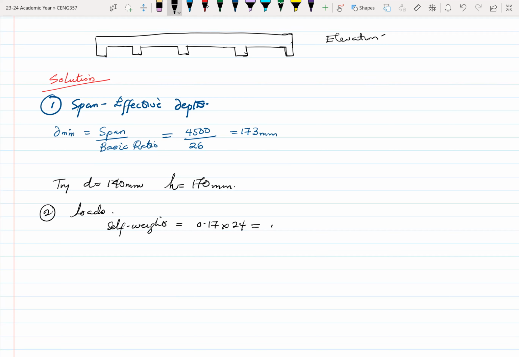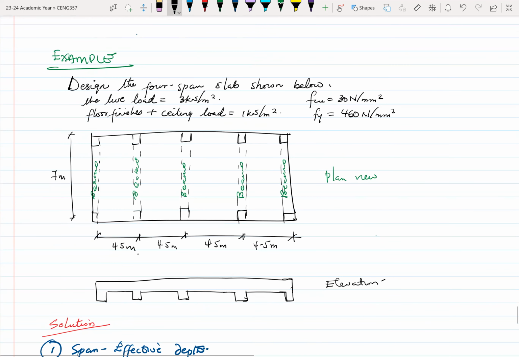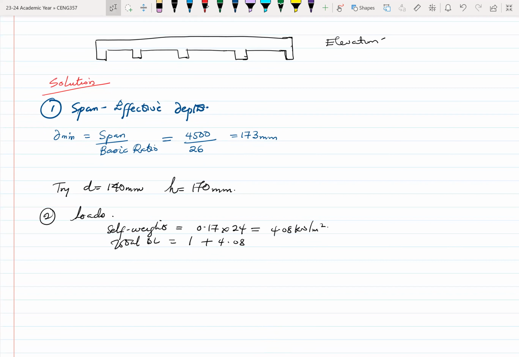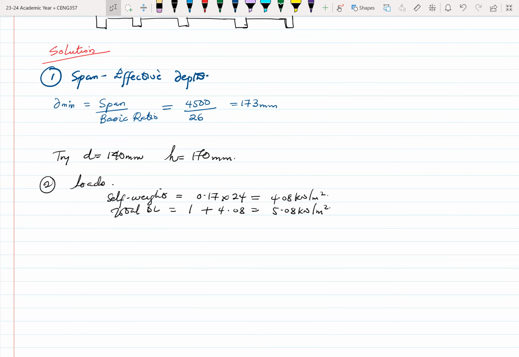This will give me 4.08 kilonewtons per meter squared. Our total dead load will be, floor finishes and ceiling is 1, plus 4.08, that'll give me 5.08 kilonewtons per meter squared. So with that, we can find the ultimate load.